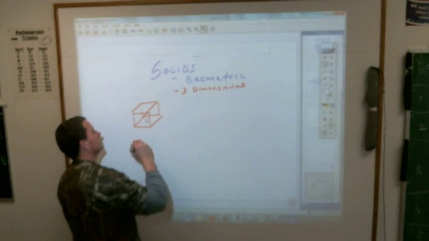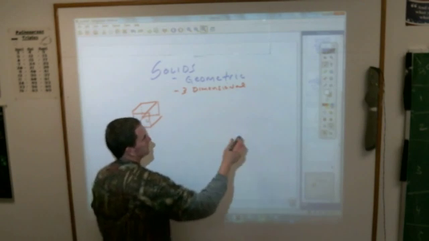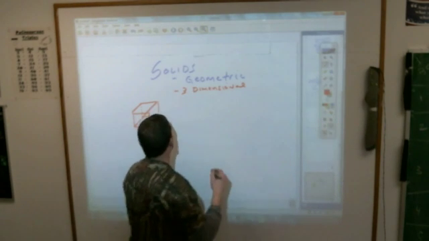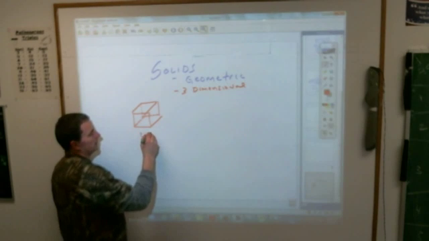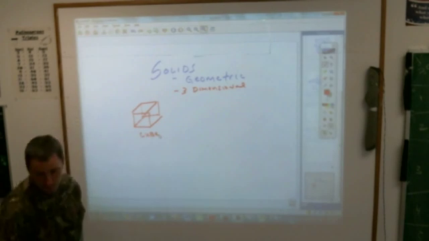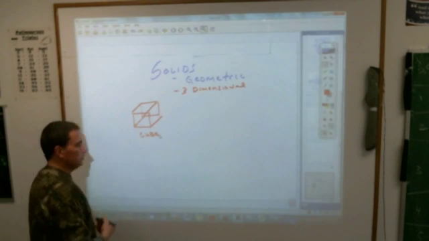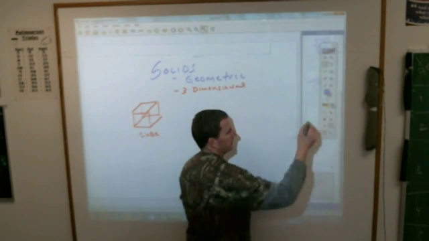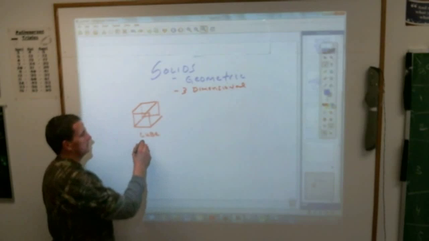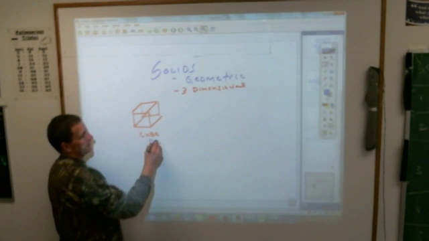The rest you can see. Okay, that is a cube. What makes a cube special is that all sides are squares.